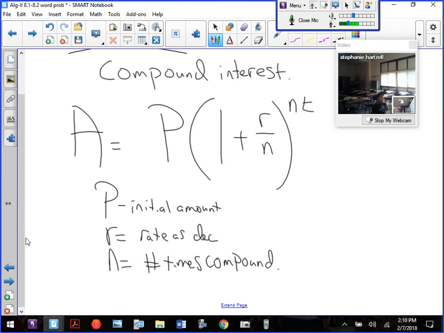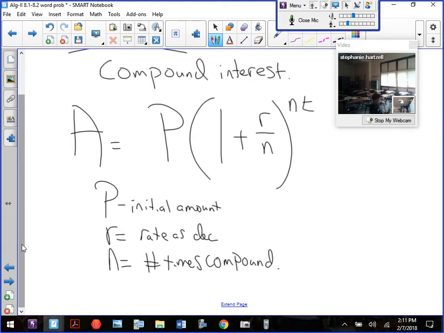What that means is if you compound something annually, how many times a year does it compound? Once. If I compound something quarterly, how many times does it go? 4. If I compound something monthly, how many times would it go? If I compound daily, what would it be? A lot, 365, and so on.